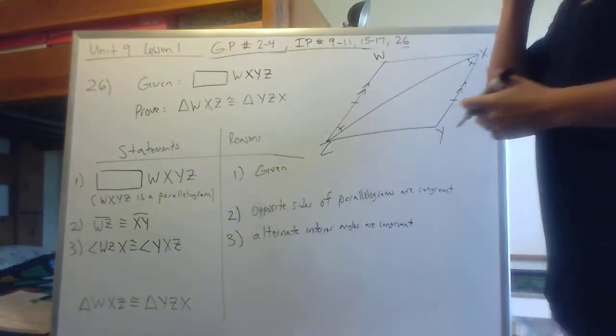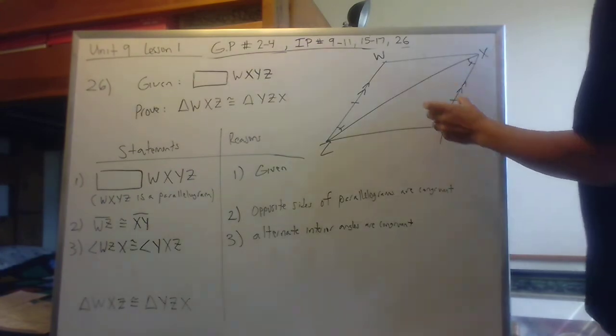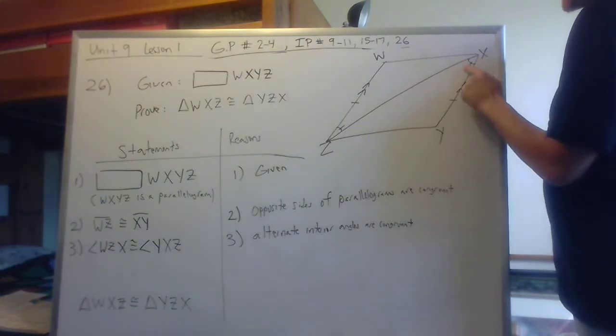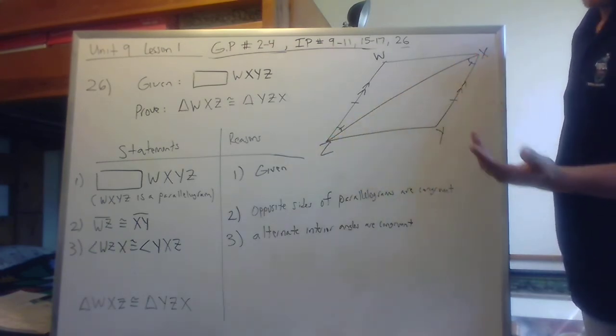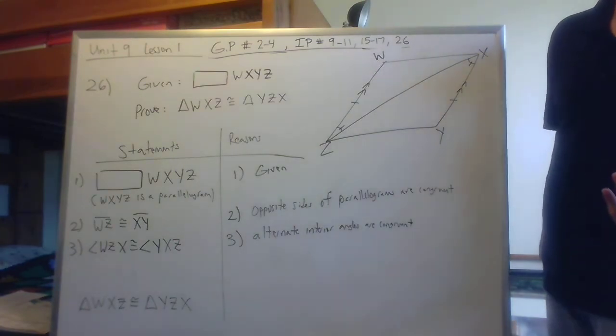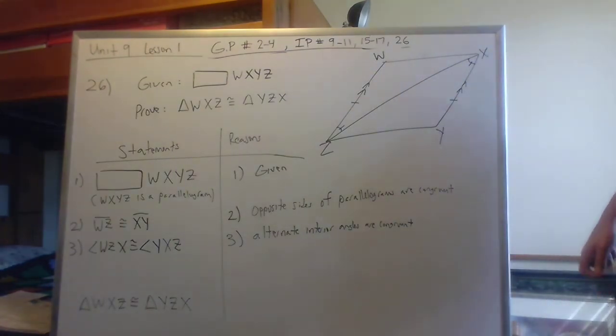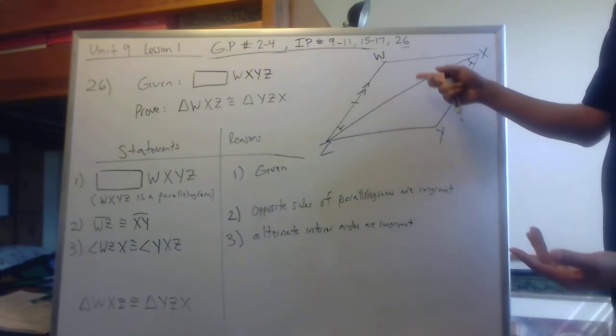Remember the last couple times in the different proofs that we learned from the last units, we have alternate angles right here that are created by a diagonal in a quadrilateral, or because we have looked at parallelograms in Unit 8, basically triangles that are formed from parallelograms just like this.